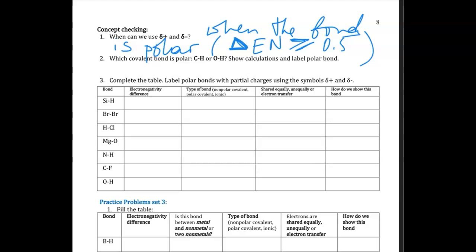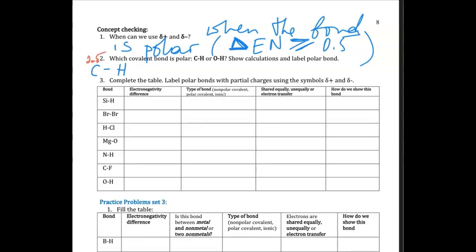So what are you going to be doing here? You need to use the table with electronegativity, and you will calculate the difference, delta EN.